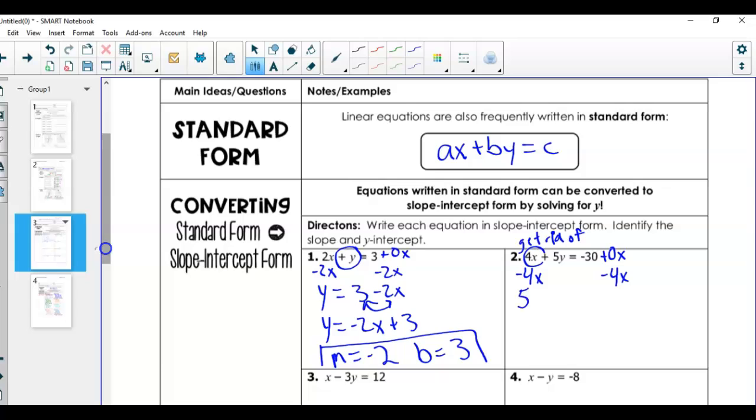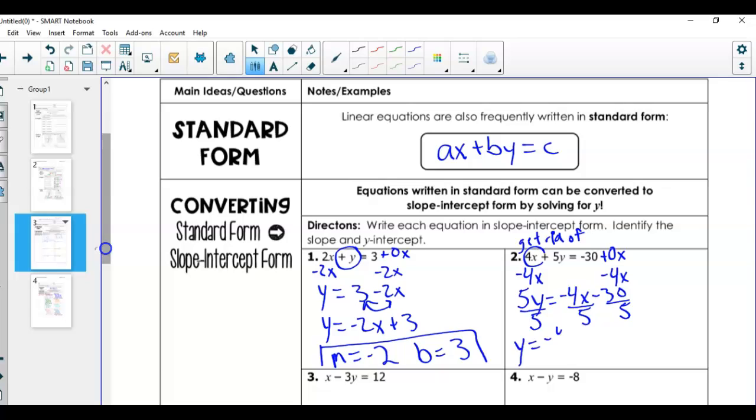which leaves 5y equals, I'm going to go ahead and switch these so I don't have to do it later. But now y is not by itself. So we have to get y completely by itself by dividing, since 5 and y are multiplying. And when we do that, we need to divide to everything.